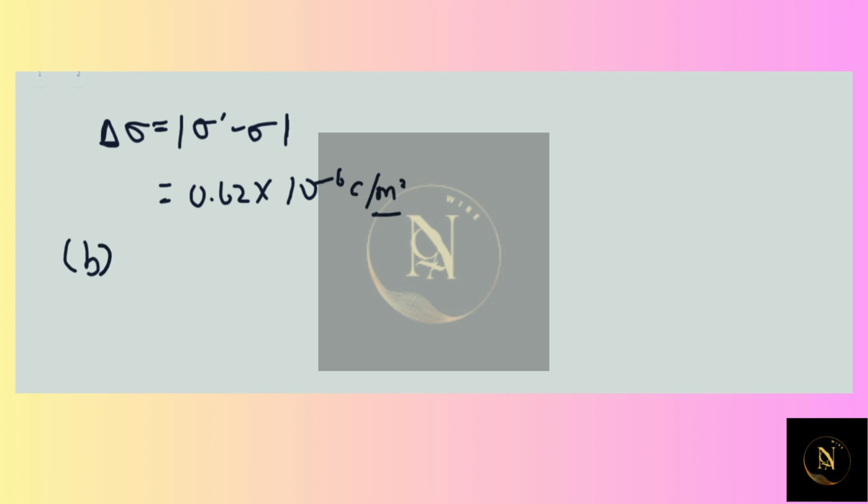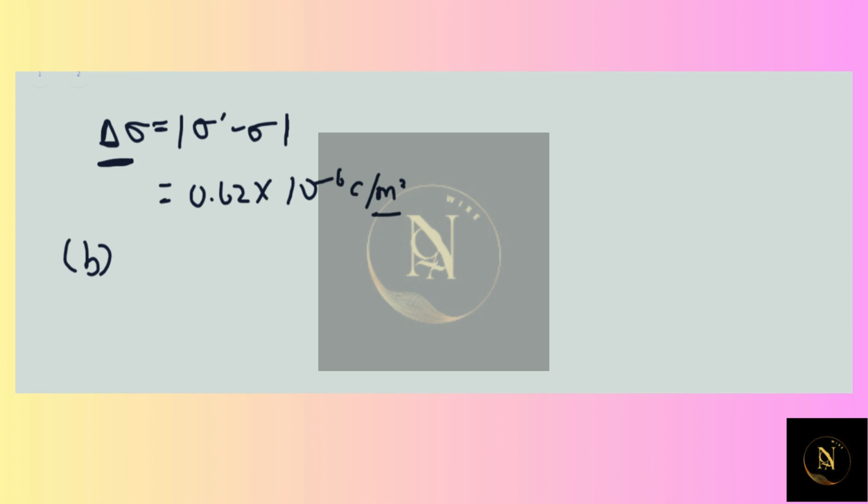So delta sigma equals sigma prime minus sigma. Here we choose the absolute value, because we just want to find out the magnitude. So you see that this equals 0.62 times 10 to the negative 6 coulomb per meter squared. So this is the charge density on the dielectric.